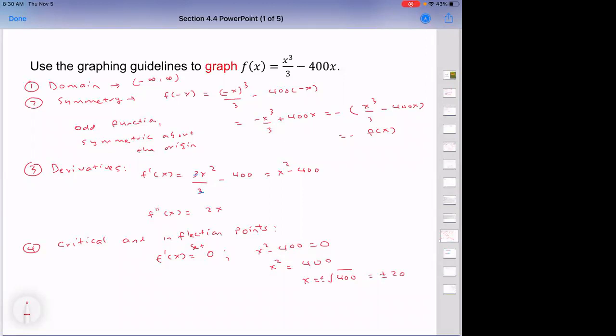When I say points in the plane, it has to be an ordered pair (x, y). Sometimes we abuse the language and say x equal to 20 and x equal to negative 20 are the critical points. By that we mean the ordered pairs.